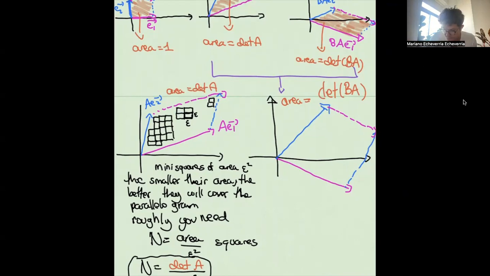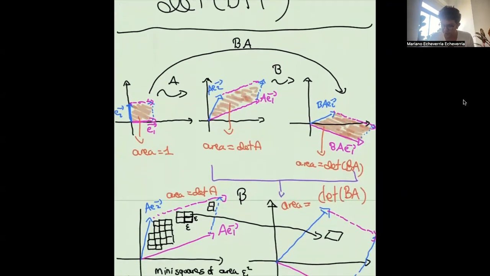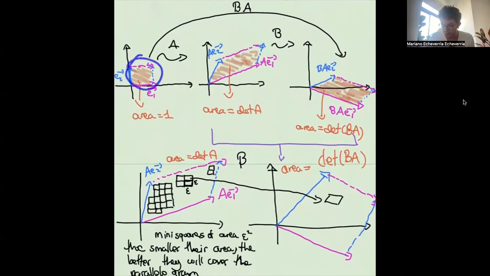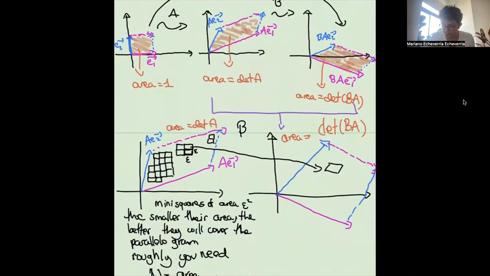One of these squares, let me keep track of it, becomes something like this, right? Because the point of a matrix like B is that it distorts and turns a square into a parallelogram. That's what you saw here. The same happens for these mini squares: each of them becomes a parallelogram.